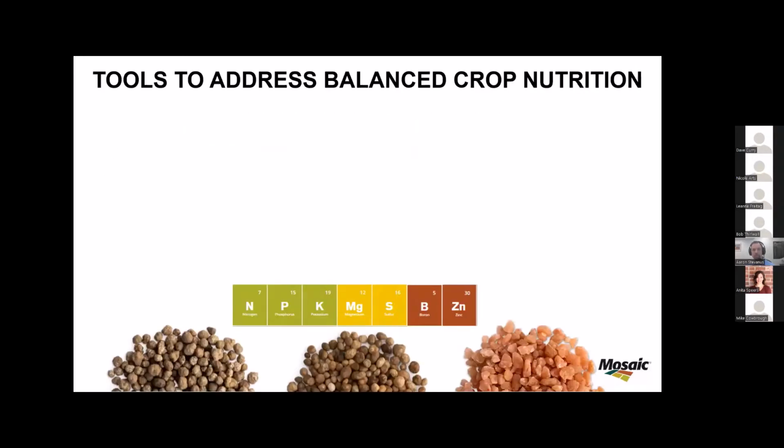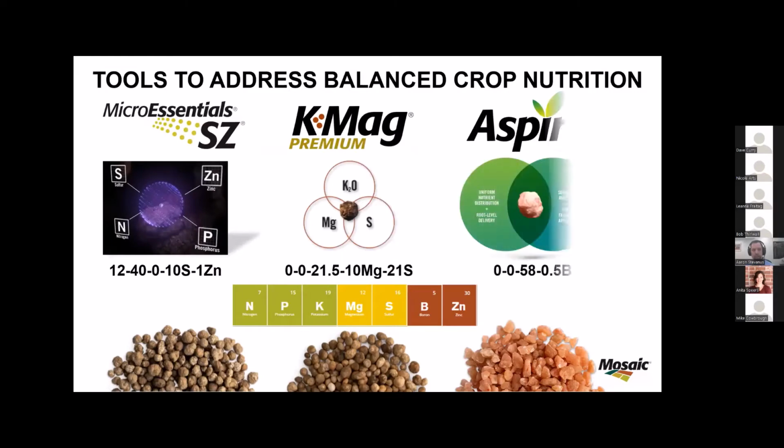So when you look at tools to address balanced crop nutrition, Mosaic has a portfolio of products. Micro Essentials, or MES, is a homogeneous granule of nitrogen, phosphorus, sulfur, and zinc. Of that sulfur, there are two forms, sulfate sulfur and elemental sulfur, for season-long availability of sulfur and uniform distribution of zinc.